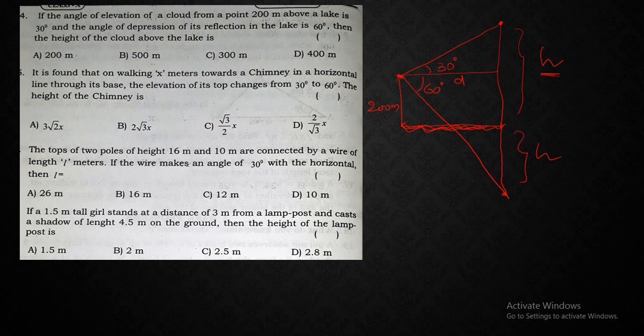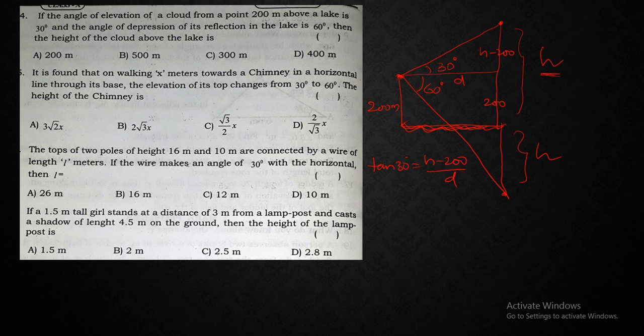Suppose this distance is d, then if I apply tan theta, this is 200, no, then this is h minus 200, since h is the bigger value. So from this tan theta is equal to h minus 200, so this is tan 30, so tan 30 is equal to h minus 200 by d.